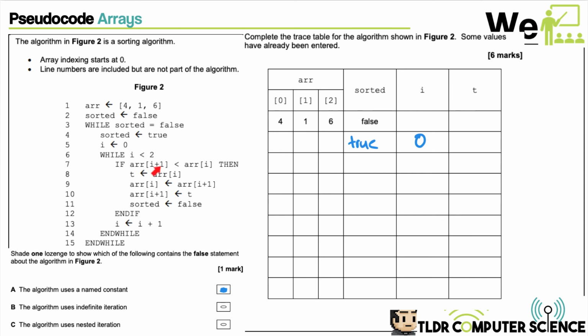Is 1 less than array at 4? So is array at I plus 1, so is 1 less than 4? Well, 1 is less than 4, so then t is array at I. So remember, I is 0, so array at position 0 is 4, so t becomes 4.